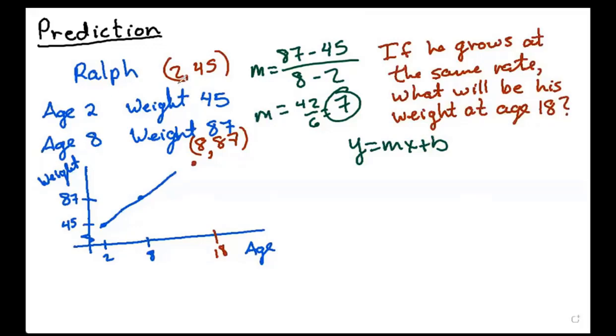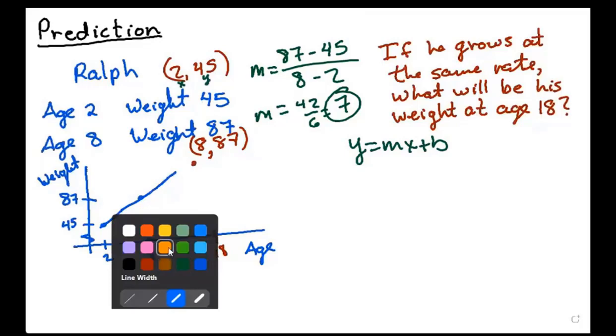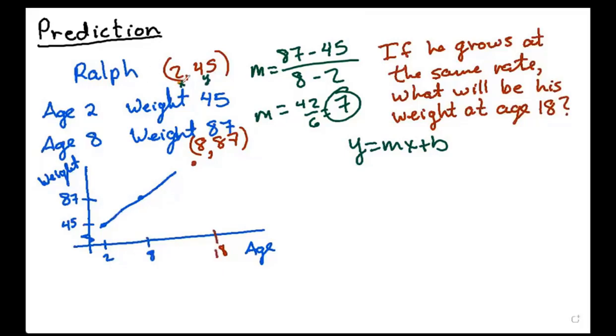Well, we know we've got an x and a y here we can stick in. Let's take this x and this y and go ahead and find out what b is. So y is 45 equals m times x, which is 2, plus b. And now we're going to find b.